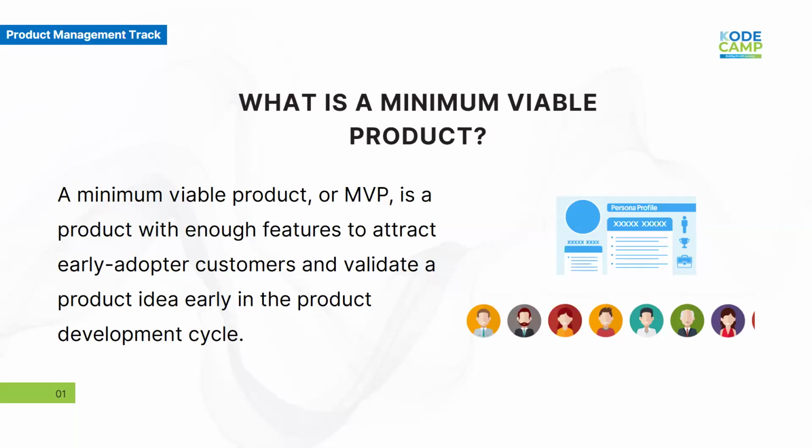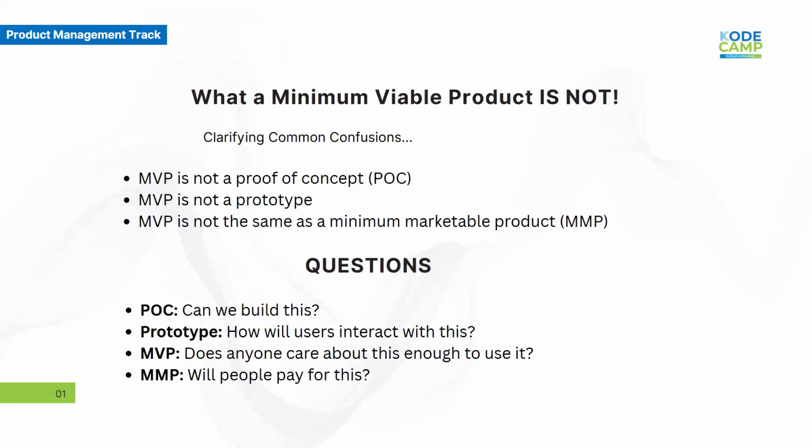No extra features, no nice to have, just the essential piece that allows you to observe user behavior, gather feedback, and decide what to not do and what to do, right? That is MVP. Now, before we move ahead, let's talk about what an MVP is not.